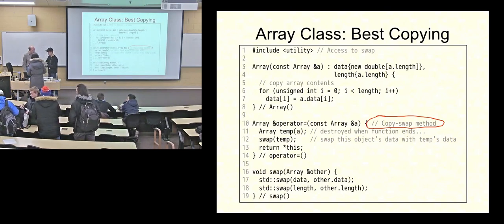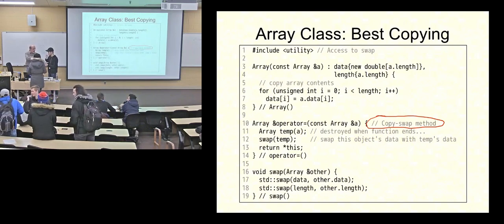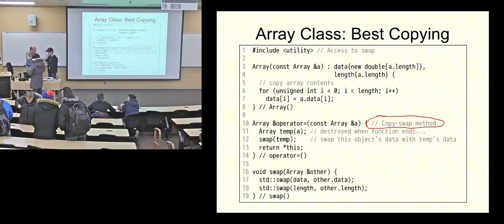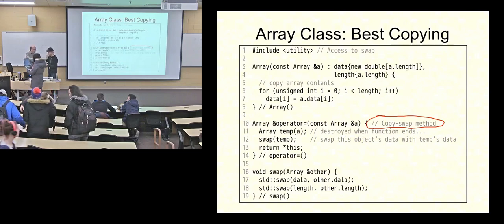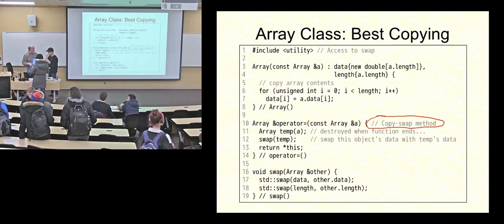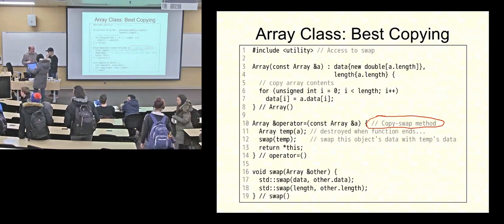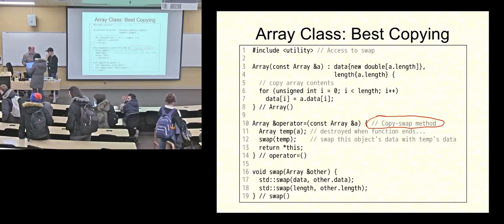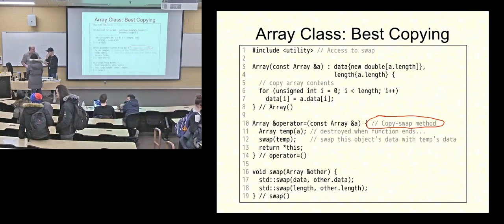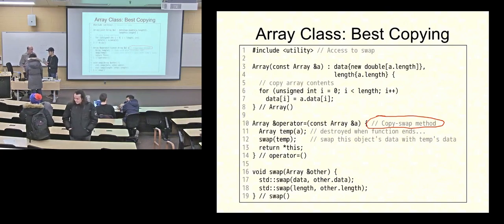So it depends. Whatever new you use, you have to use the corresponding delete, but which new you use depends on what we want to do. If I want to create a linked list, I'm going to use normal new. But if I want to create an array, I can use square brackets.